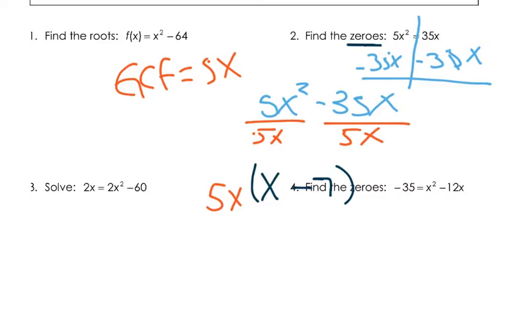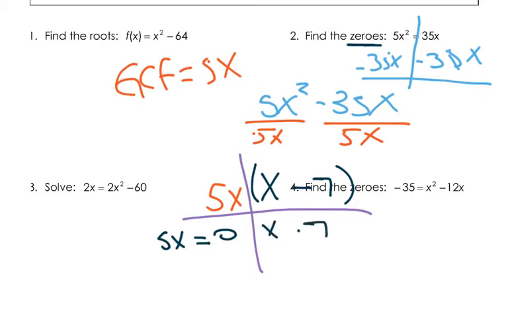Those are basically my two factors, so I can make my T-chart and set them both equal to 0. So 5x equals 0, and x minus 7 is equal to 0.